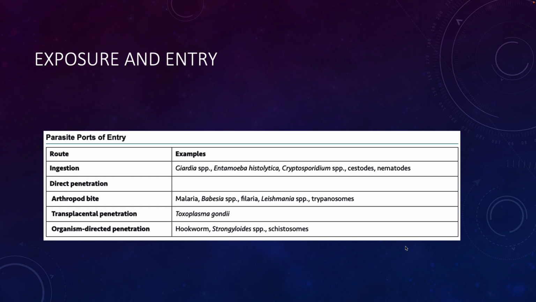Mosquitoes, ticks, kissing bugs can transmit things like malaria, filarial worms, leishmaniasis, trypanosomes. You can have some parasites that can cross the placenta, so toxoplasma, and there are some that can straight up just burrow in through your skin, so things like hookworms and schistosomes.